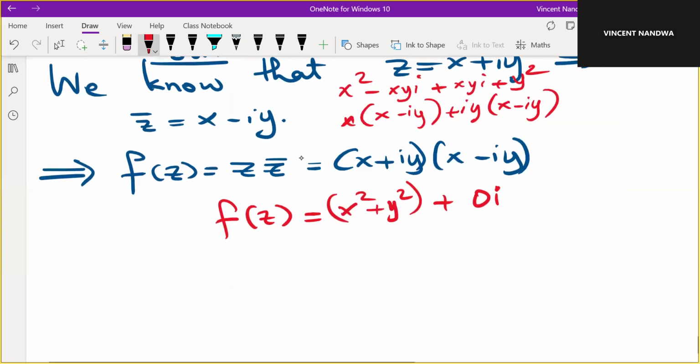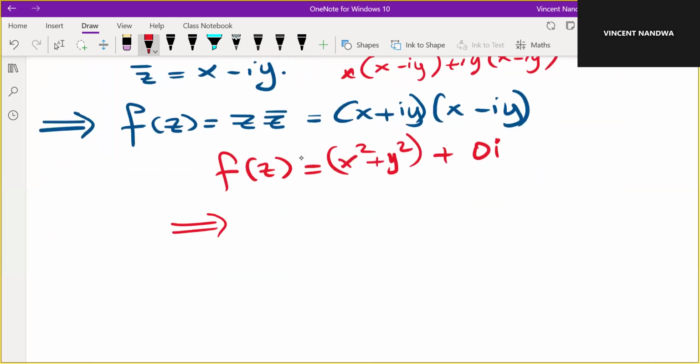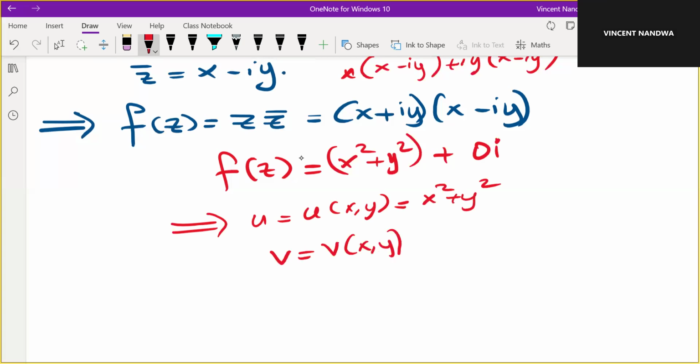So this implies that our u function is x squared plus y squared, and v is 0.